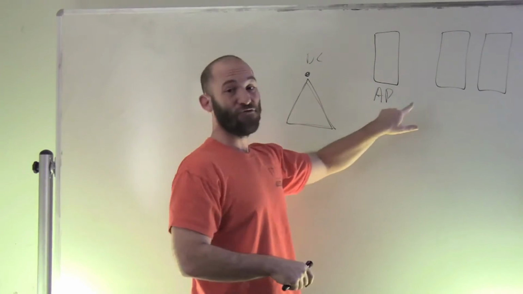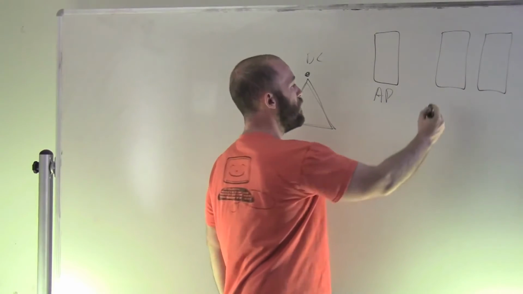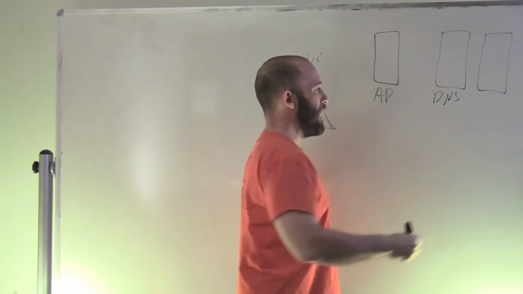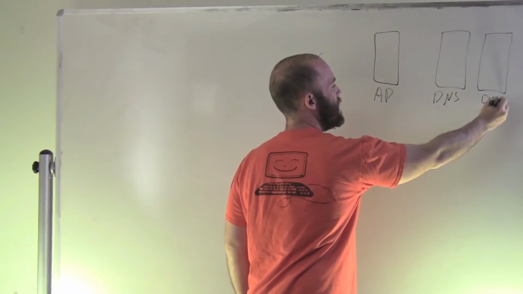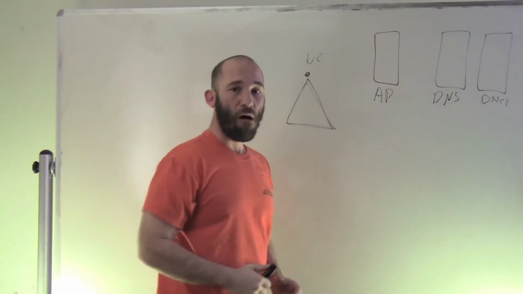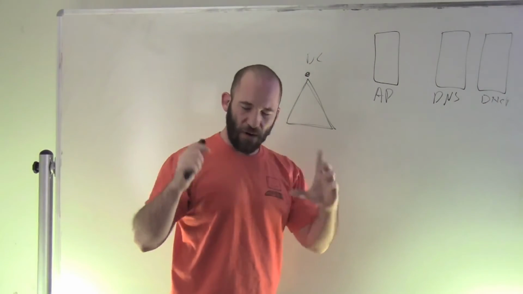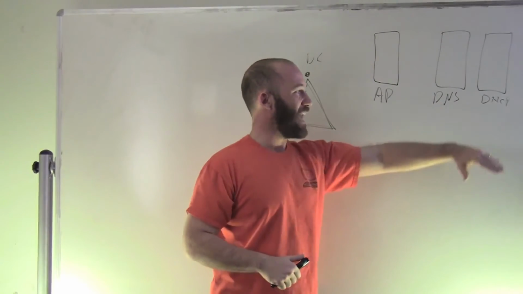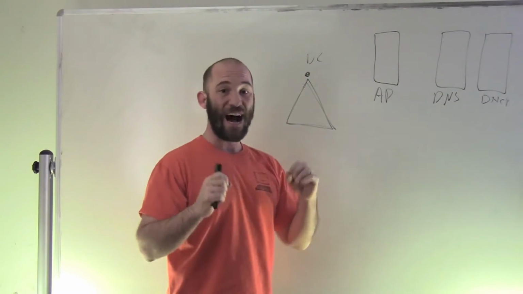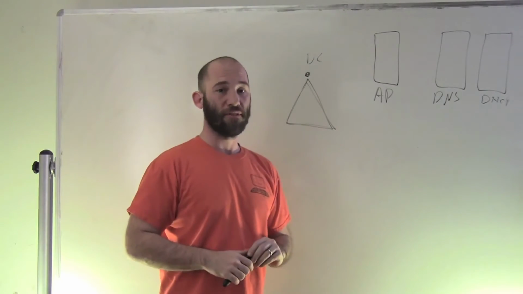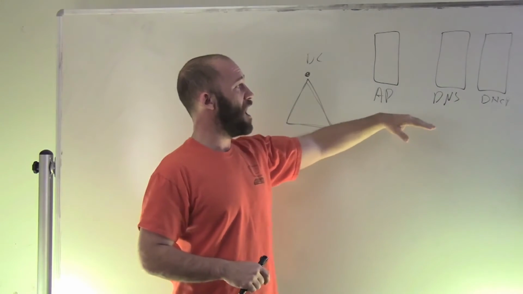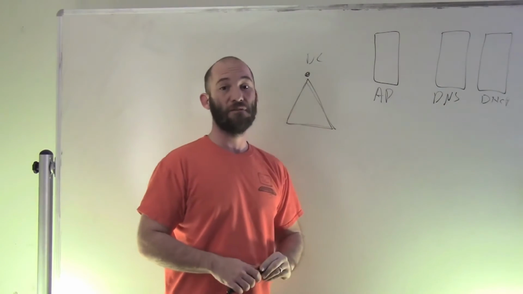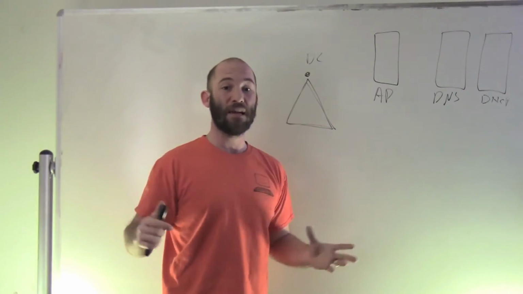Now, in order for Active Directory to work, we also need DNS, and just to make our lives easier, also DHCP. Now these are all different server services. It's very important to get that through your head. Active Directory, DNS, and DHCP are entirely separate server services, and they can be on their own physical servers or virtual instances of servers if you have a big enough network.